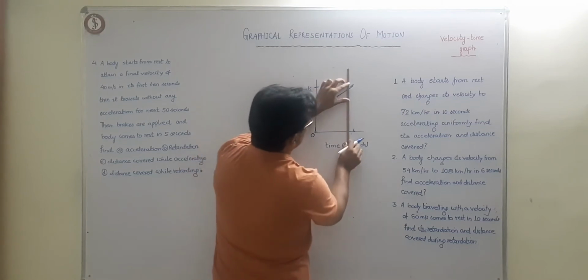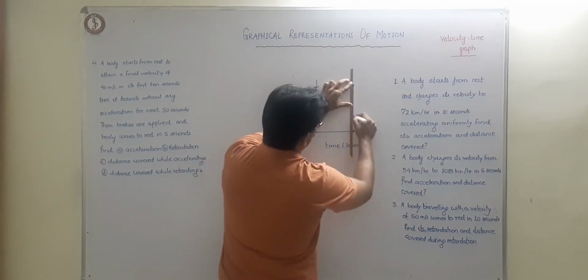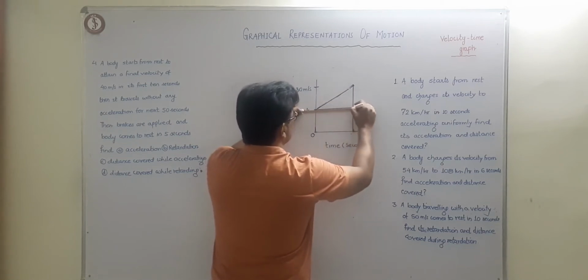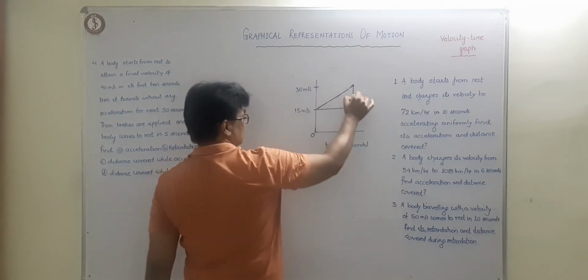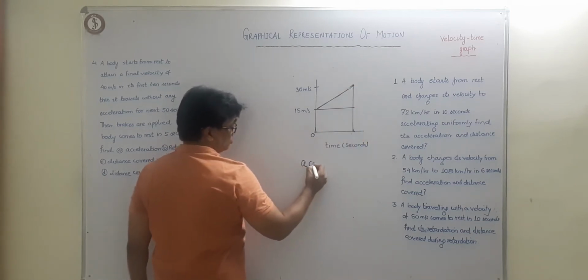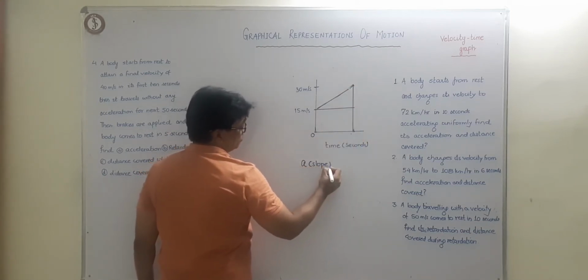Slope means I have to make a triangle, so I drop a perpendicular from where the initial velocity starts. Now it's very easy. Acceleration is given by slope, and slope means perpendicular by base.